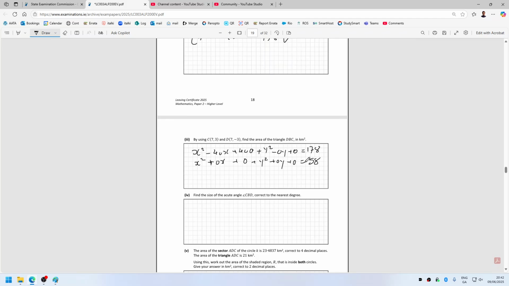If you subtract these, you get the line in the middle. They cancel. That's minus 40x. That's 400 plus 400. They cancel. Nothing there, nothing there. That is 120.